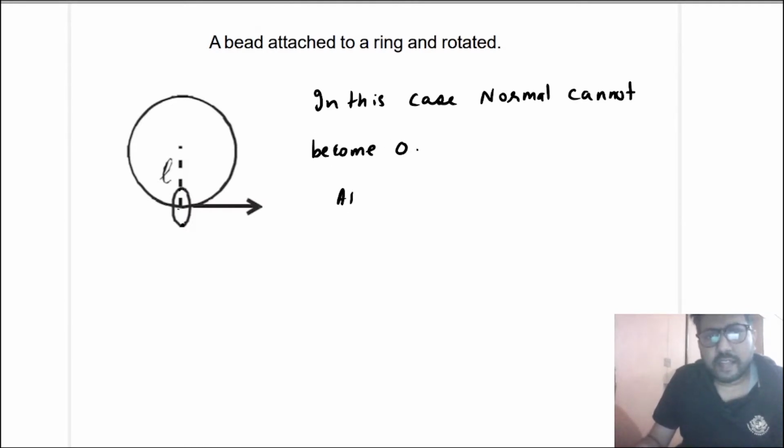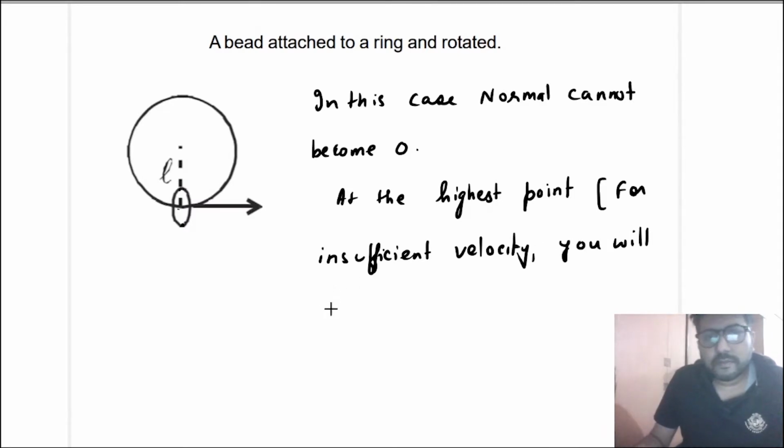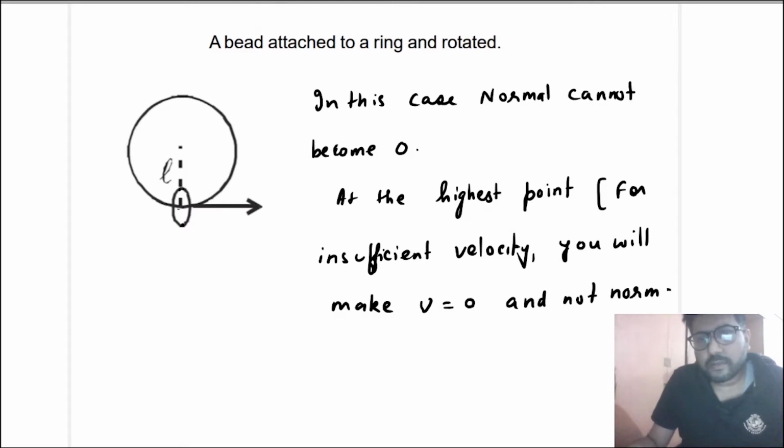That means at the highest point, for insufficient velocity, meaning the velocity for which it is unable to complete the vertical circle, you will make velocity equal to 0 and not normal equal to 0.